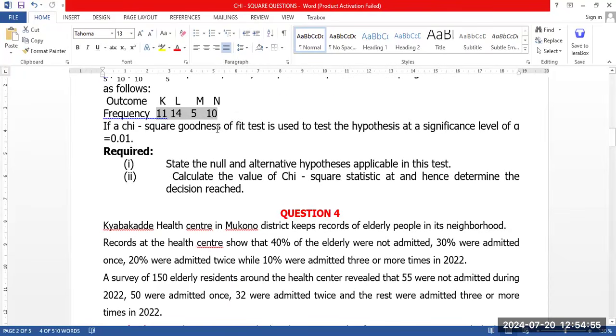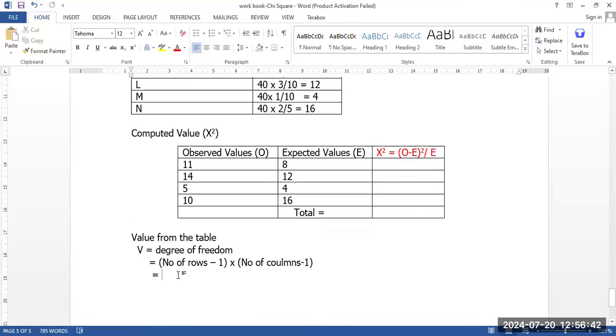So in a situation where you have just one row or one column, one of the brackets will not be considered. If you have one row, you will get 1 minus 1, which is 0, and 0 times any number gives 0.